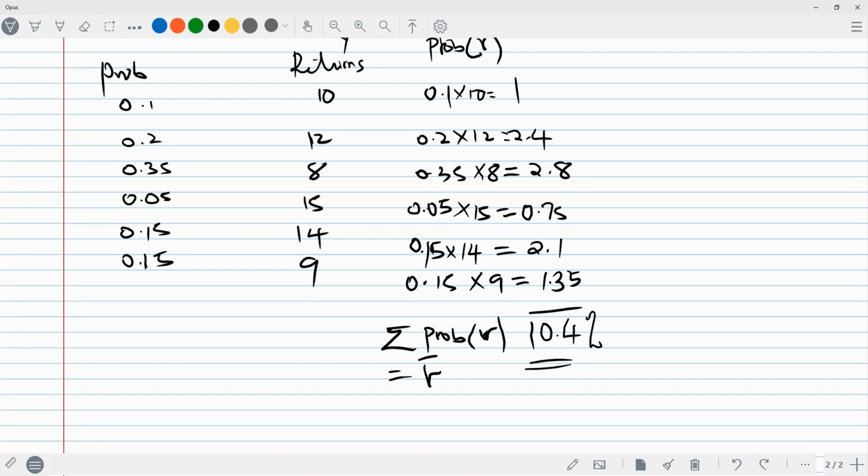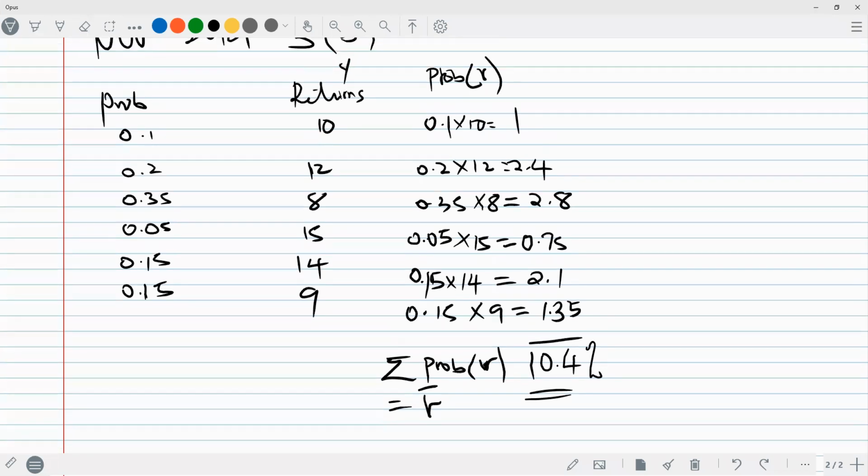It is also about getting the standard deviation. Therefore, we can have another column: probability times the deviation squared. The first outcome, probability is 0.1, the return is 10, therefore 10 minus 10.4 squared.